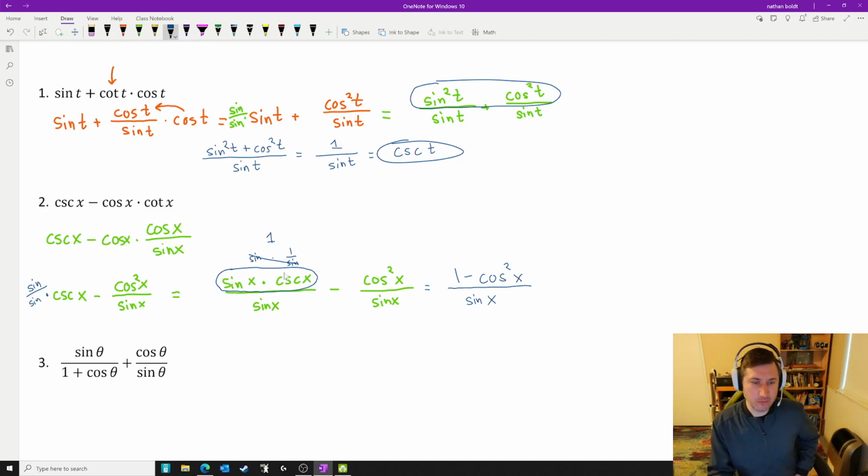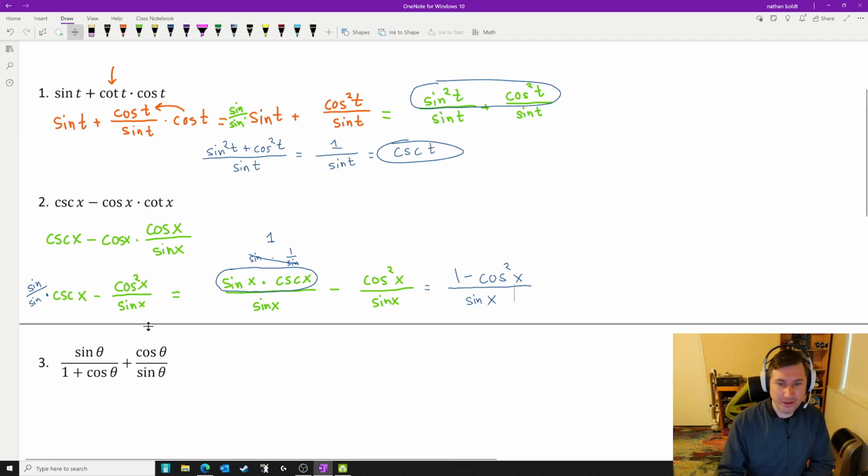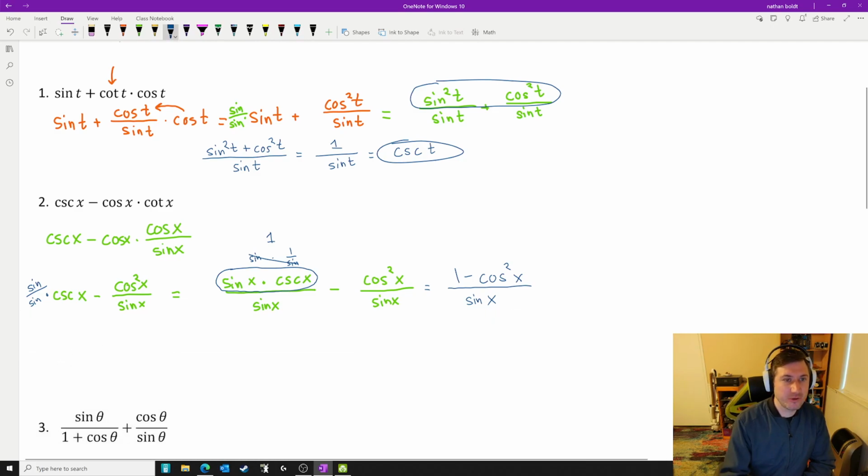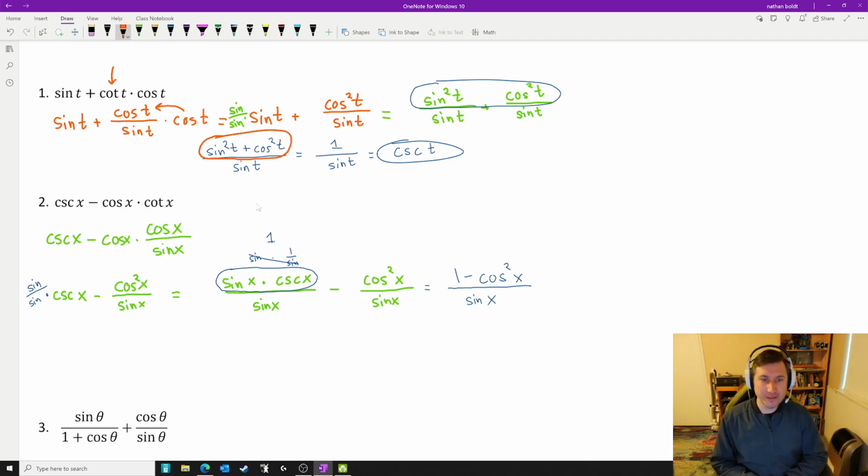All right, so this numerator over here became 1, and then we subtract. Well, wait a minute, that should look a little familiar to us. 1 minus cosine squared will be sine squared.